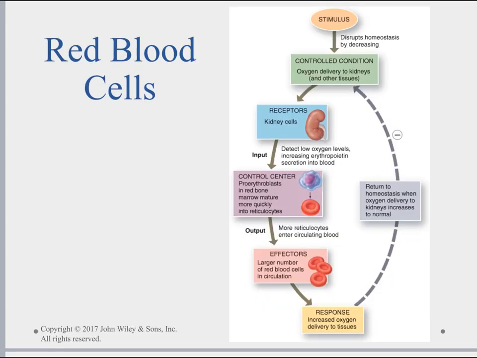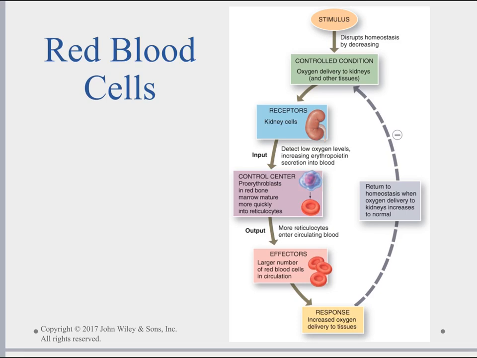We're going to finish up with red blood cells to look at a feedback loop. So disruption in homeostasis by decreasing a control condition, which is oxygen delivery to the kidneys and other tissue. Those kidney cells detect low oxygen levels, increasing EPO secretion into the blood. This input moves to the control center, where proerythroblasts in red bone marrow mature more quickly into a reticulocyte.